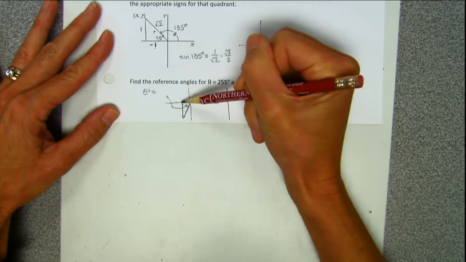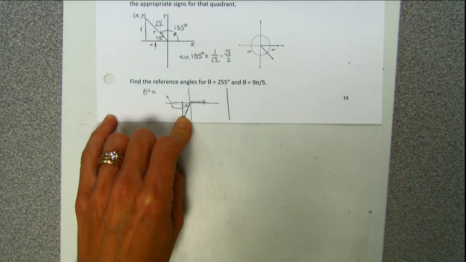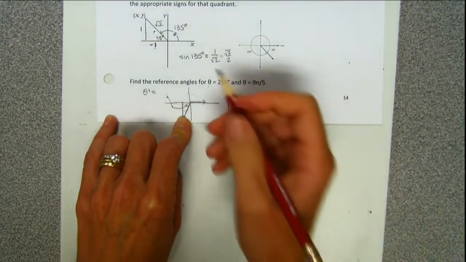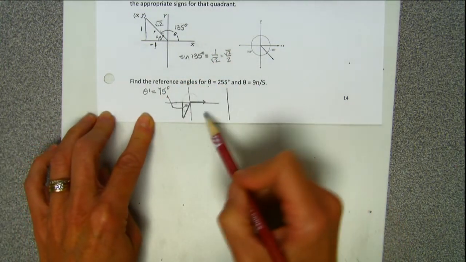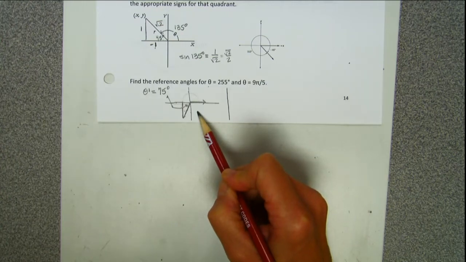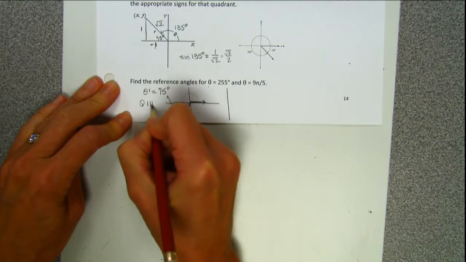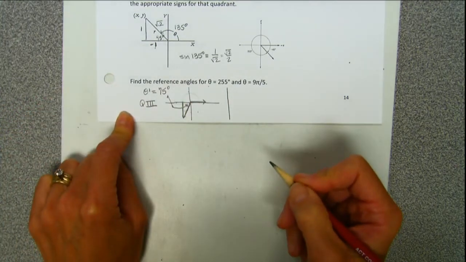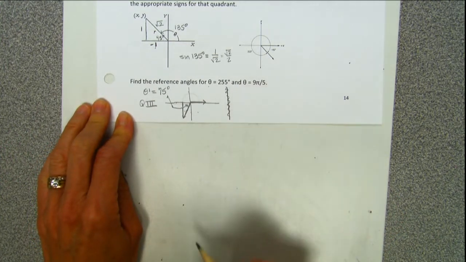And what's the difference from 180 to 255 degrees? 75 degrees. Instead of saying this is 255 degrees, I will say this is a 75 degree angle in quadrant 3. And that would be my reference angle. That's going to make this problem a little bit easier for me to figure out.